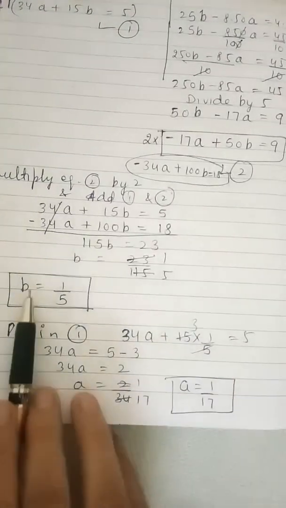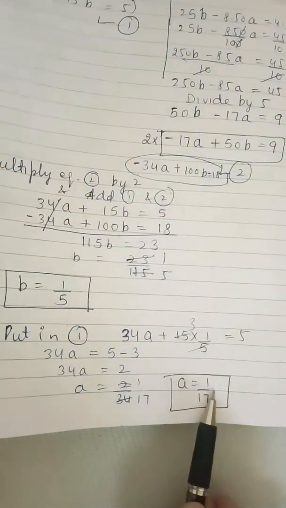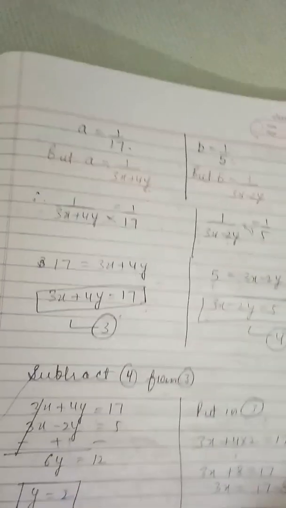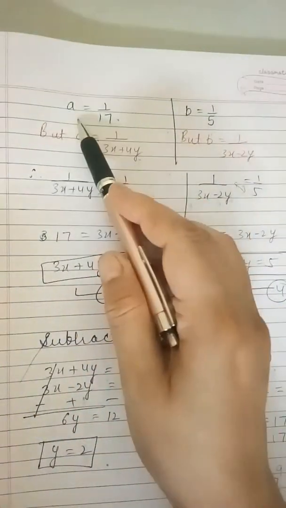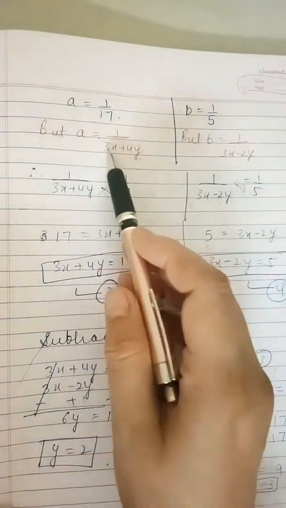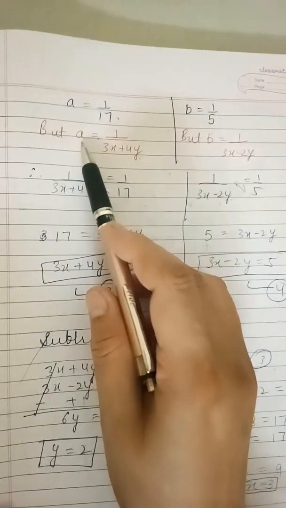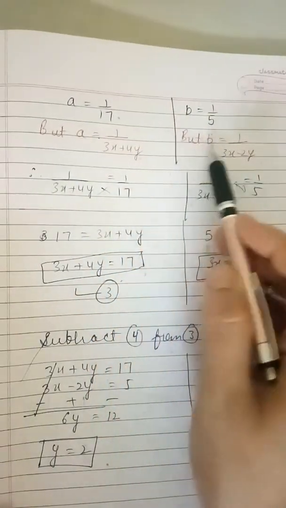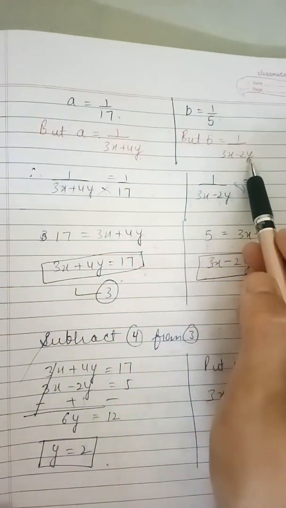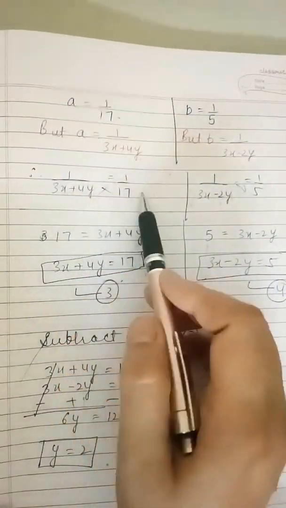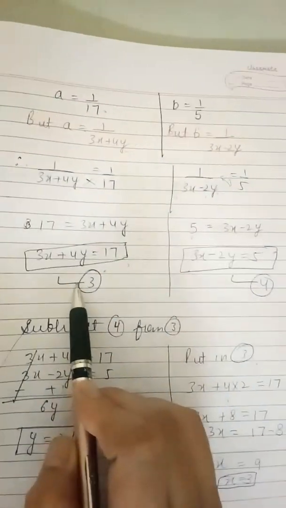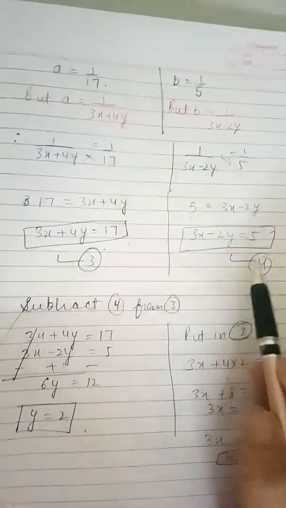And then after finding the value of b and a, what you will do? You are supposed to put the value. You can see here, this is a, this is b, and then you can put the value of a. A is 1 by 3x plus 4y and b is 1 over 3x minus 2y. Then cross multiply, we will get equation number 3, and here we will get equation number 4.